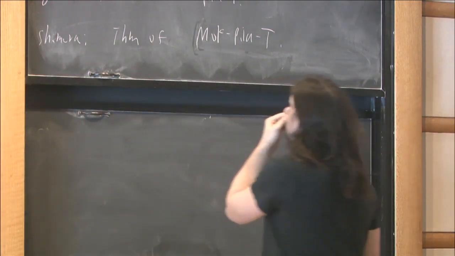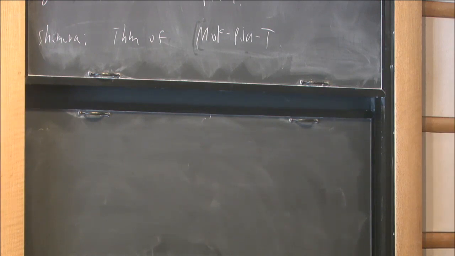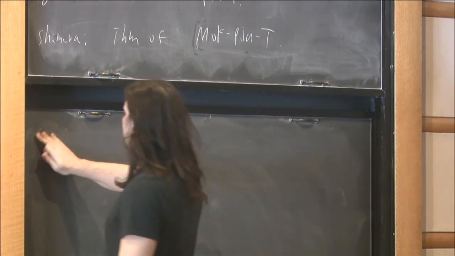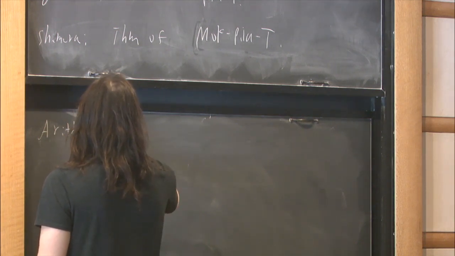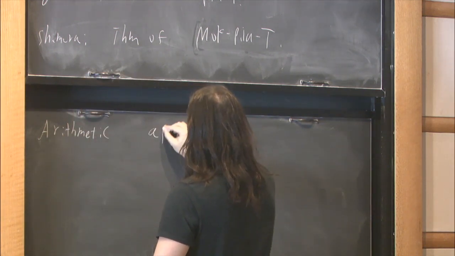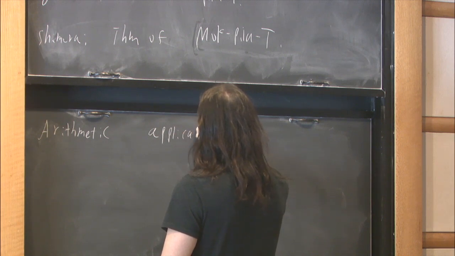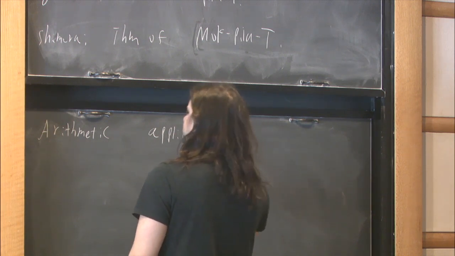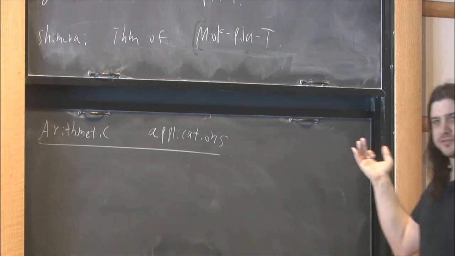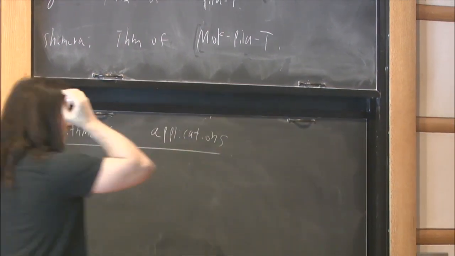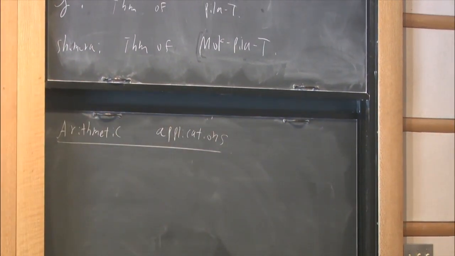So why should you be interested in this if you don't care about transcendence in general? So let me say a few words about arithmetic applications. Yeah, so in some sense, I started thinking about this, and many people did, because it just sort of came up in trying to prove a lot of arithmetic questions.